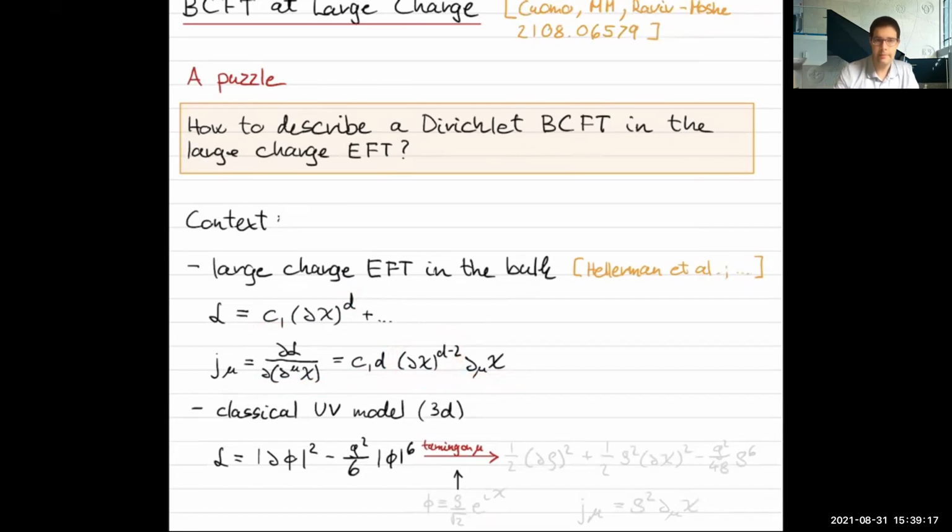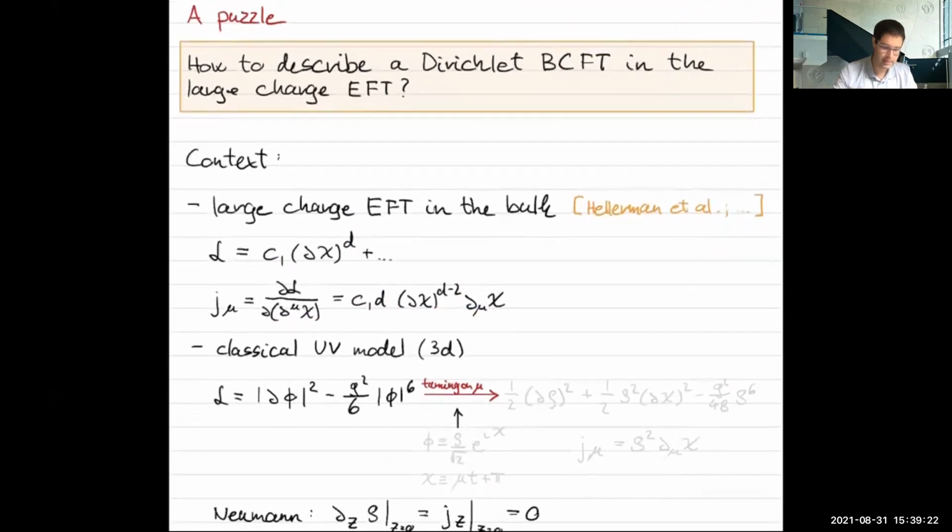And so let's just review how this EFT arises in a controlled setup, in classical field theory, the classical phi-6 model in 3 dimensions. So here's the Lagrangian in mostly minus signature. And okay, at finite chemical potential, it's advantageous to introduce polar coordinates in field space. So rho will be the magnitude of the field, and chi its phase.